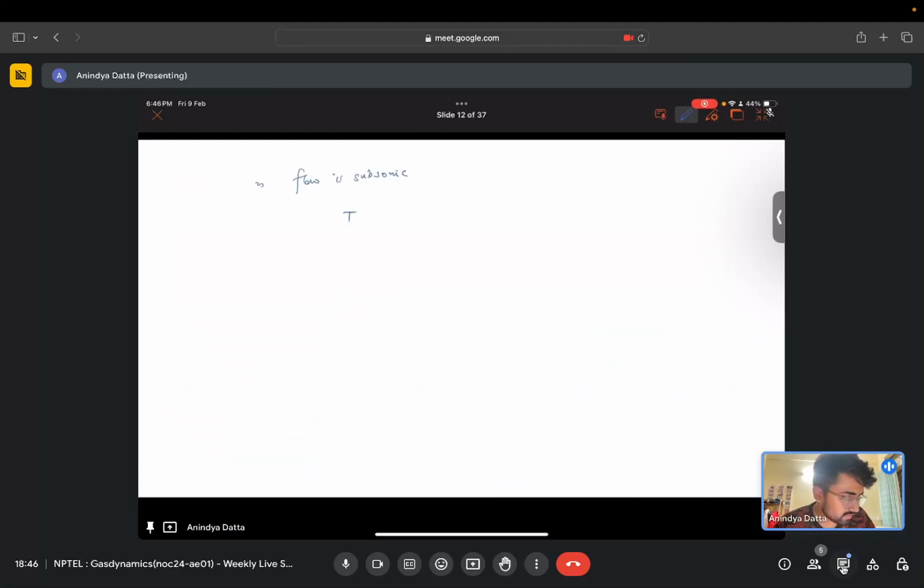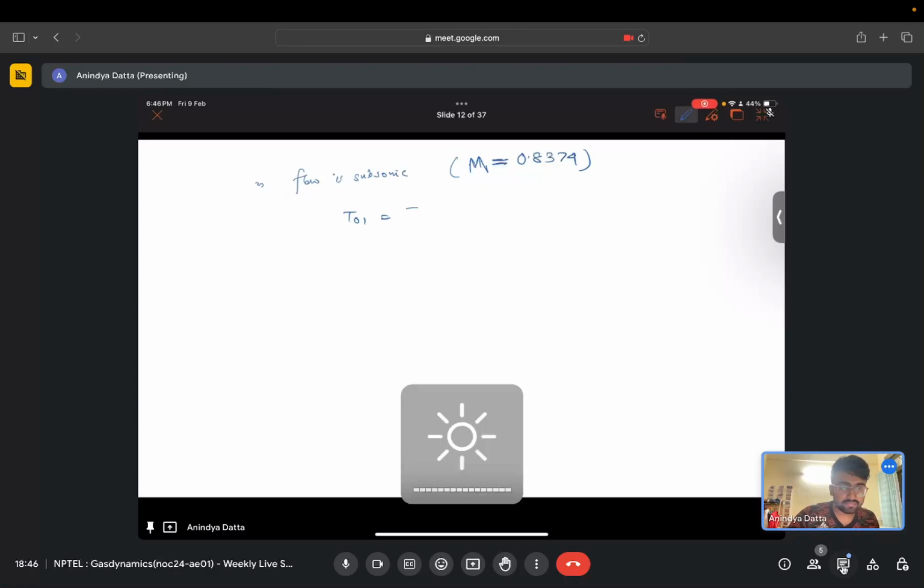Let's also find the Mach number. Mach number you will get as 0.8374. So 0.8, as I think I mentioned before, is the Mach number at which most commercial flights generally operate while cruising.